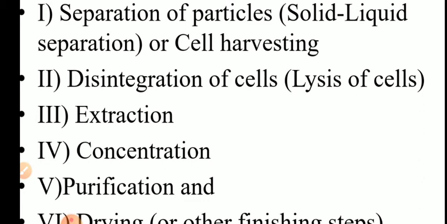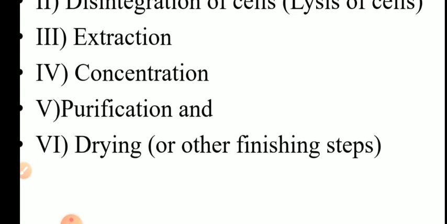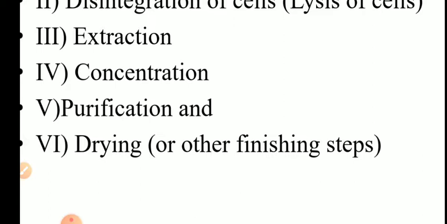If the product is present inside the microbial cells, then we have to lyse the cells to take out the product. The third step is extraction of the product. The fourth step is concentration. If it is present in dilute form, we have to concentrate it. Then purification of the product, and then final finishing, polishing, or drying, whatever is needed.